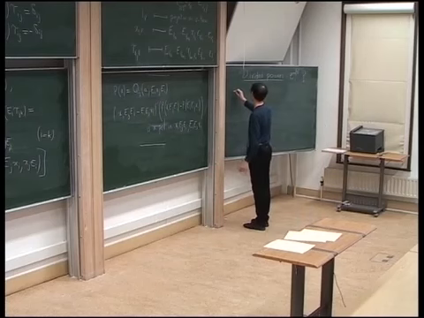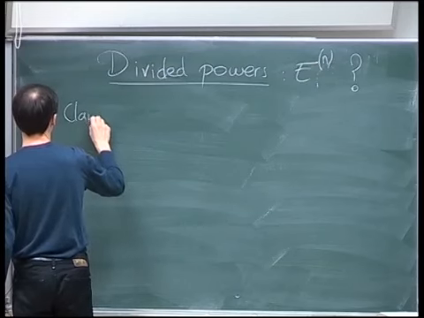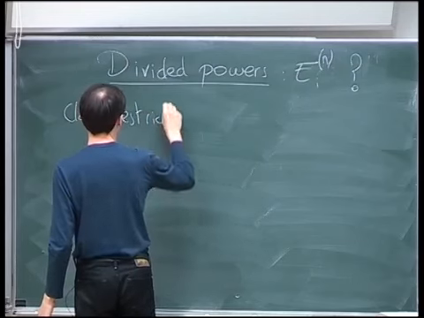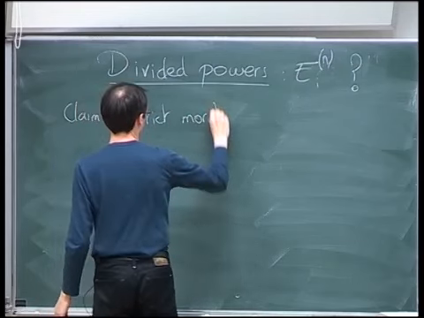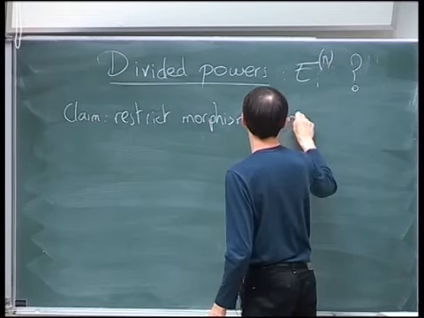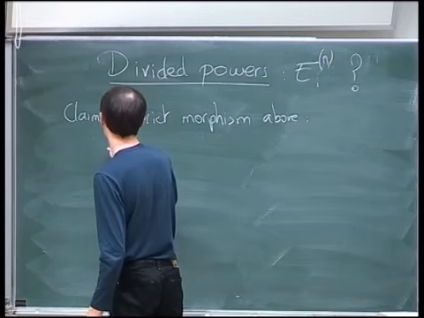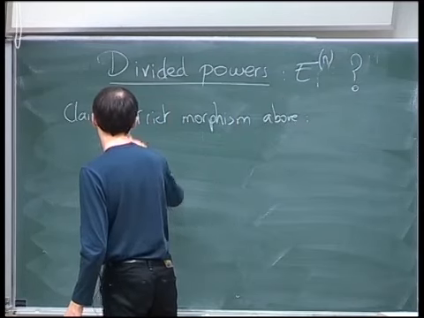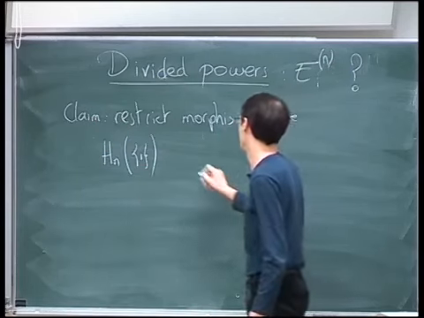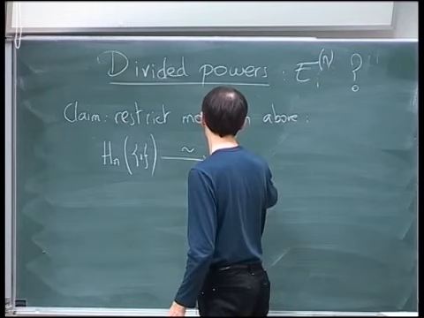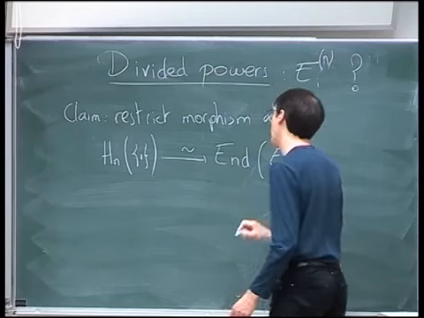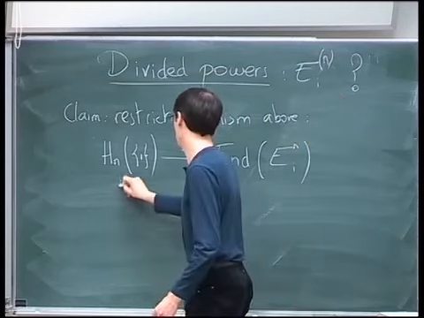So there is a map, the claim, that if you restrict the morphism above, you get a map from H_n of this set I to the endomorphism ring of E_I to the n, and that's what I explained yesterday.